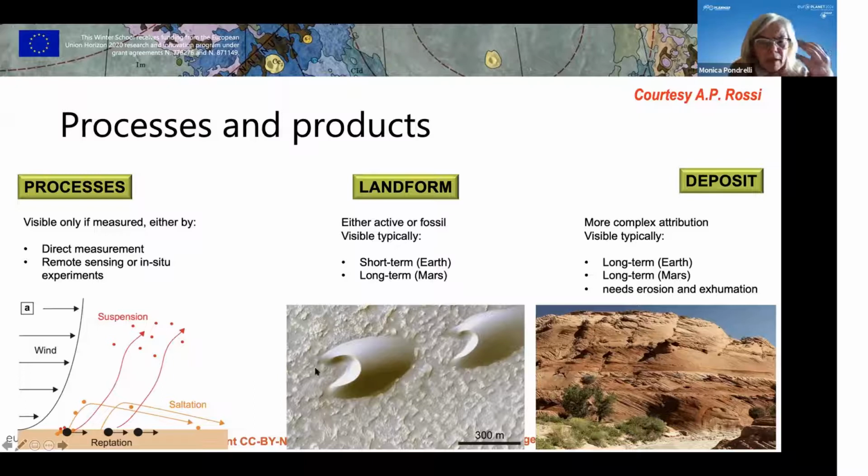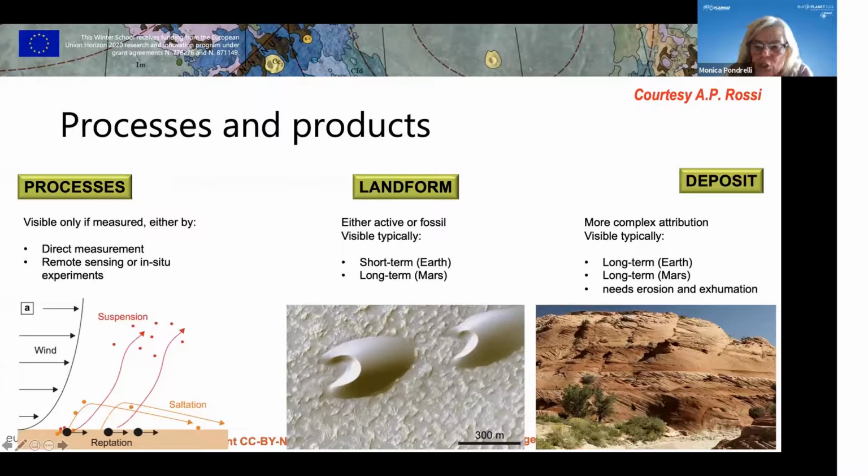That's why I'm also speaking so much about stratigraphy, because morphology on Earth is something that deals with stratigraphy a bit, of course, but not so much, because it deals with short-term stories. On Mars, we deal with long-term geological histories.